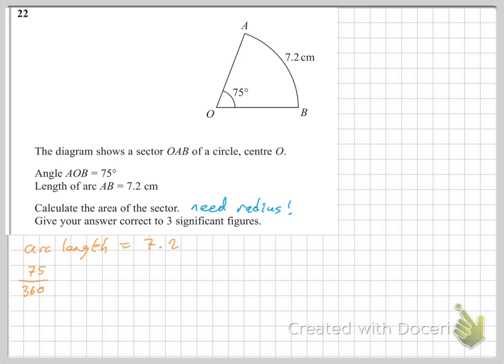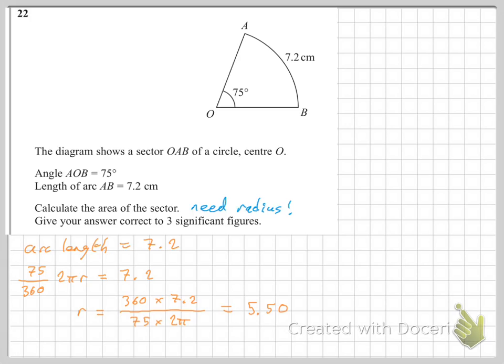So 75 360ths of the circumference, 2 pi r. And we know that that equals 7.2. And if you rearrange that for r, you get about 5.5-ish. I'd save that number on my calculator display and just leave it there for the moment.